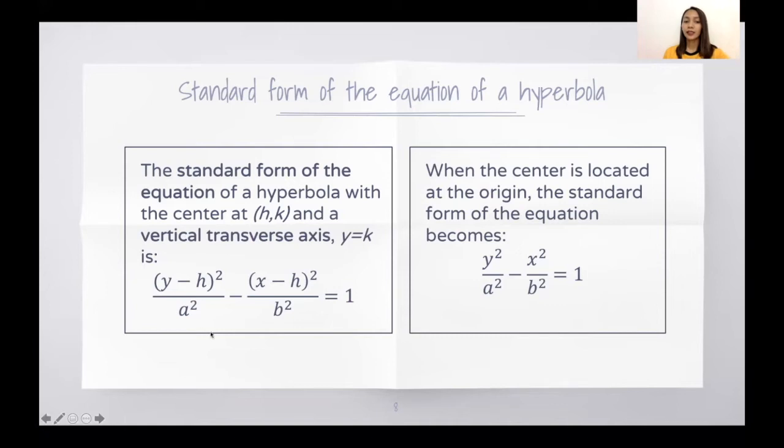Basta, yung denominator na nandito will always be the a squared and the denominator na nandito will always be the b squared, regardless kung mas mataas yung denominator dito or dito. Basta always na nandito si a squared and nandito yung b squared. Okay?